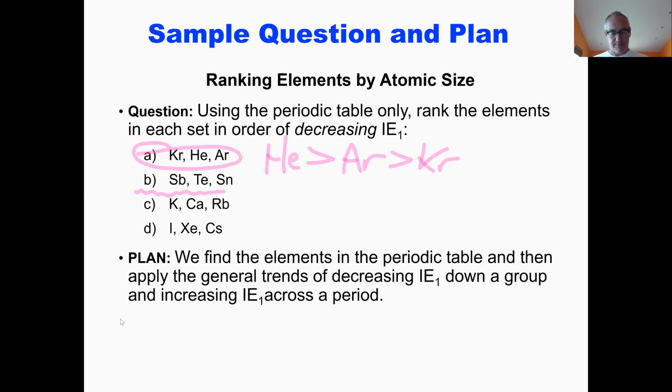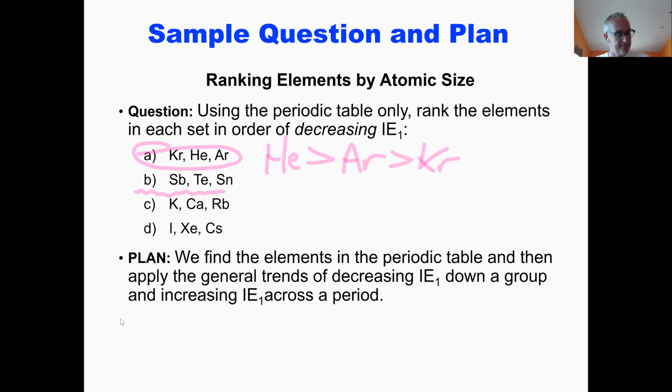Let me look. Sb is number 51. Antimony is 51, just below arsenic. Tellurium's in group 6. 52, 51, 50.